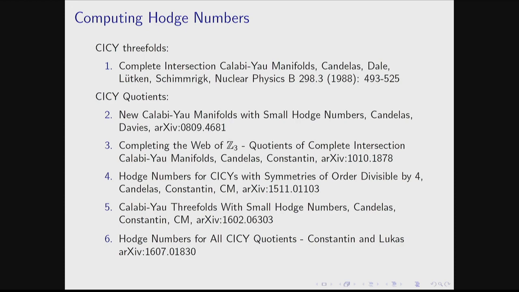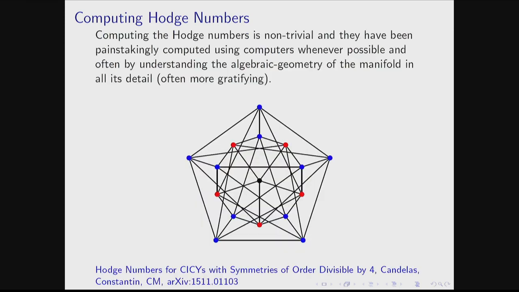You do some parameter counting that will enable you to find the H21. And I've worked on a couple of these papers here, and it's very nice to be able to compute Hodge numbers for these CICY quotients, primarily because sometimes it gives you a very nice insight into understanding the algebraic geometry. And you can be very explicit in your computations.